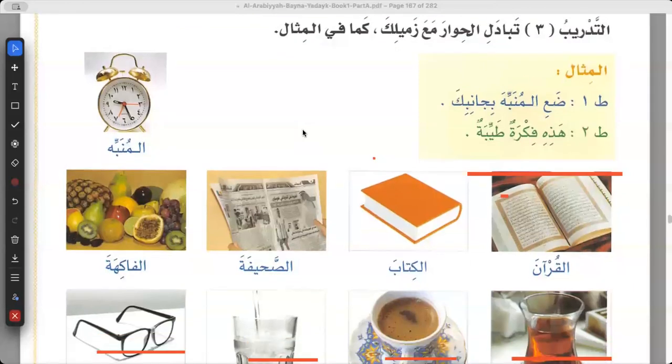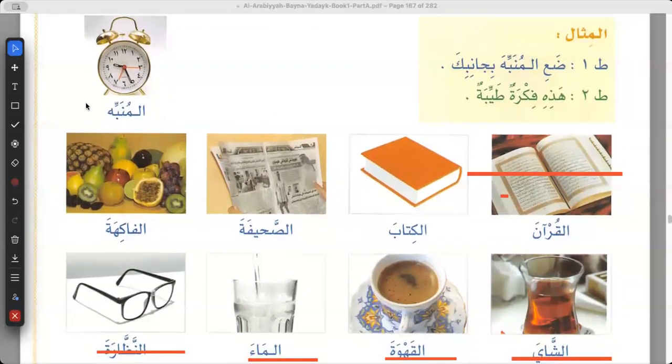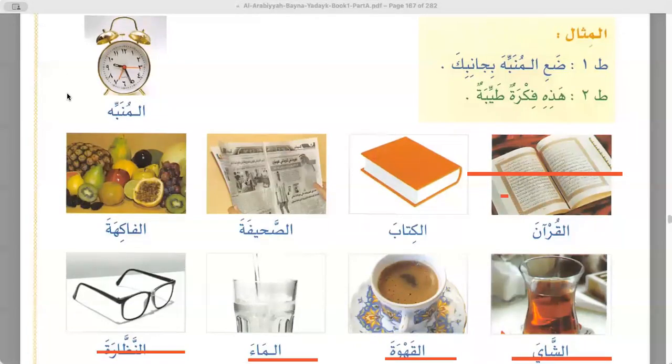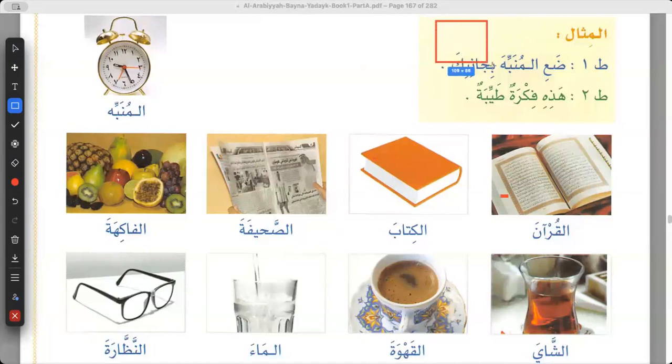You remember munabbih? Alarm. ضع, that is amr from wada'a, yada'u, da'. Put. ضع المنبه بجانبك. Put the alarm beside you. هذه فكرة طيبة. This is a good idea.